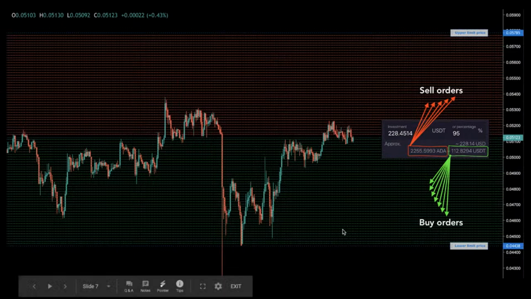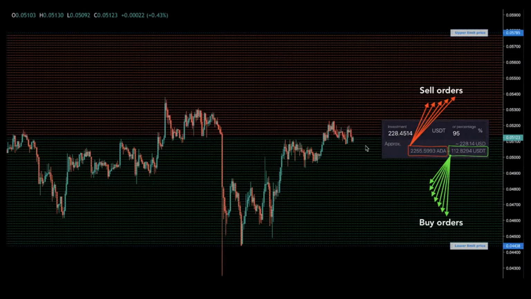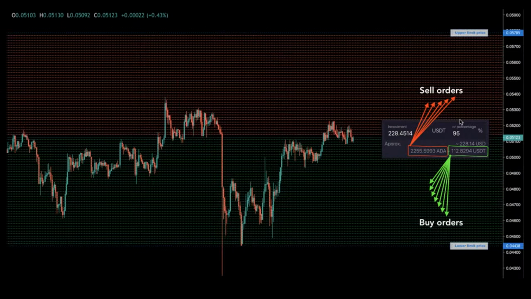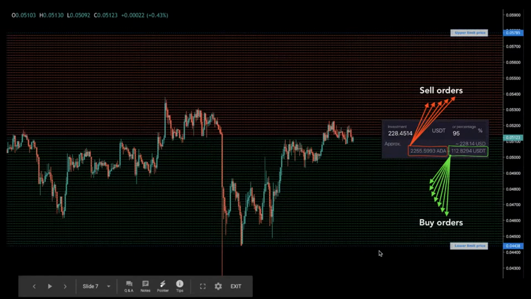So if you have, let's say, 100 grid levels, that means that you have in total 100 limit orders, and that can be buy and sell orders, or only sell orders, or only buy orders. And here is a perfect visualization of grid sell orders and buy orders.